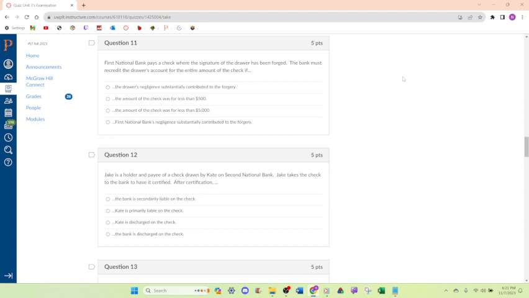Pays a check where the signature of the drawer has been forged. This is the same idea as the last question. Bank must recredit the drawer's account for the amount of the check. If... come on, where did we read this?